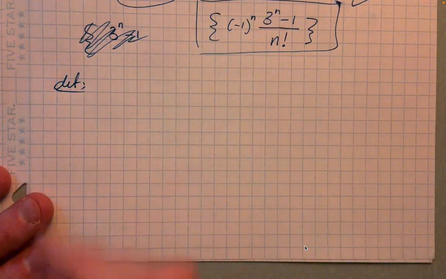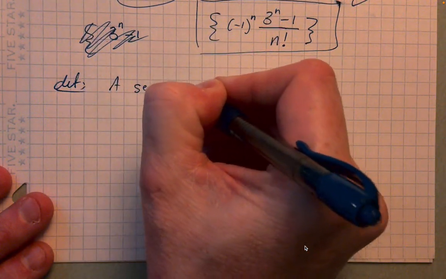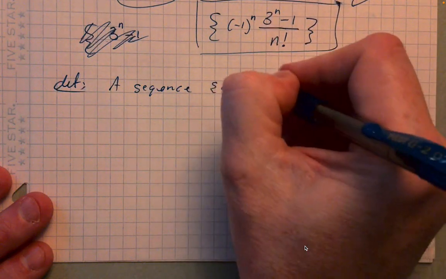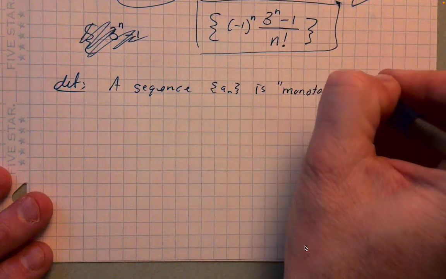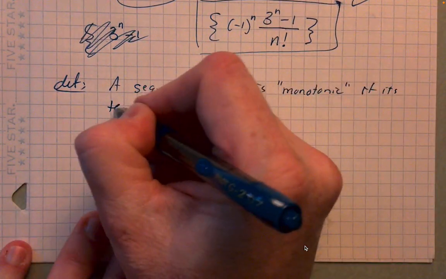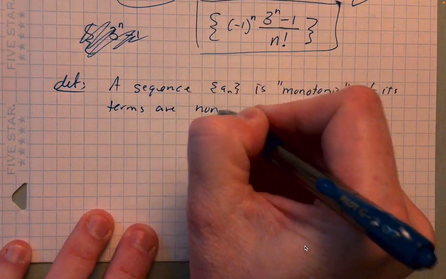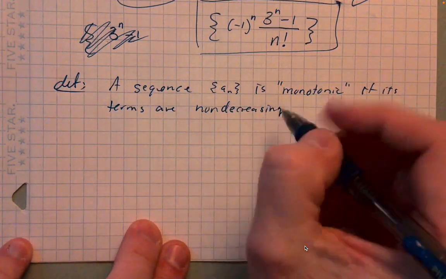So definition. A sequence a of n is monotonic if its terms are non-decreasing, right, like this.